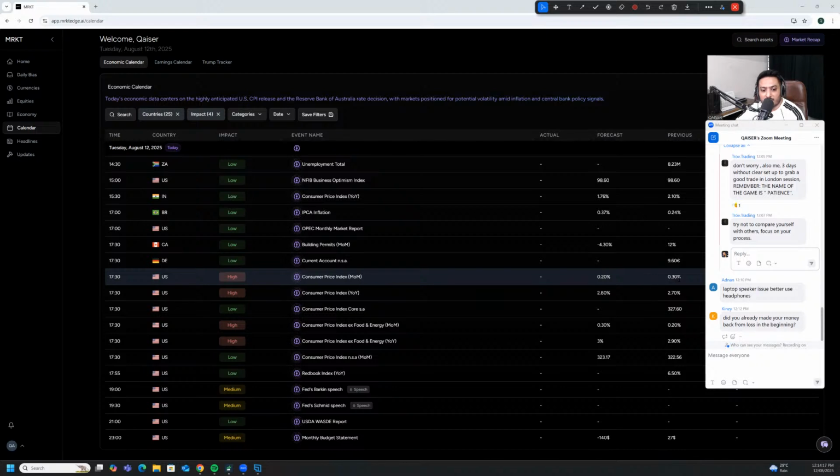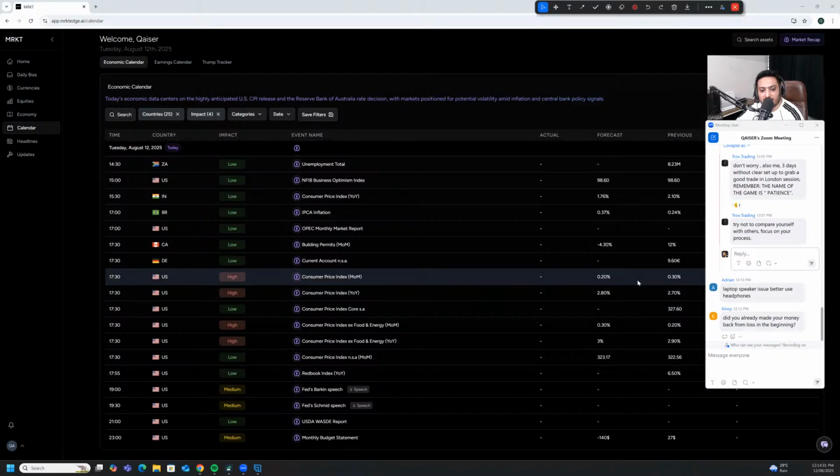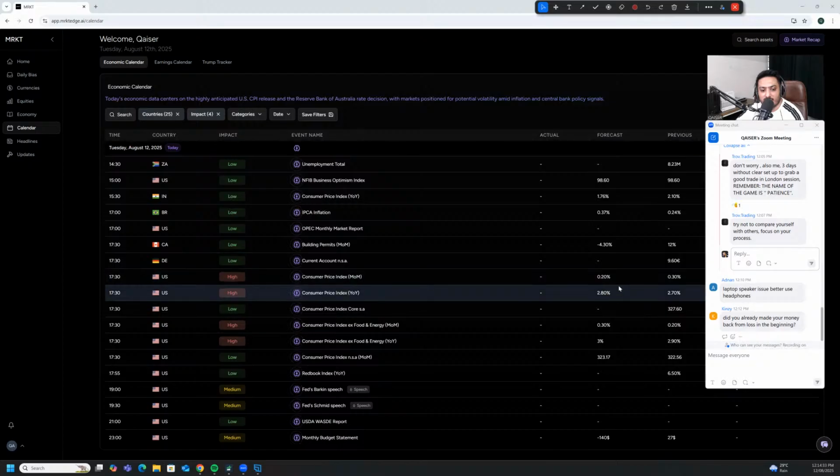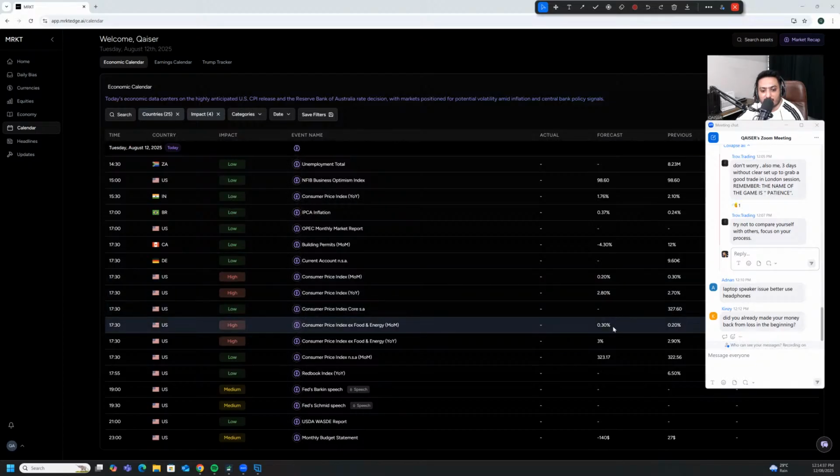The previous one just came out, monthly yearly 2.70. They're expecting a higher number. If they're expecting a higher number, the dollar will get stronger, so gold should be pushed down. And here they're expecting a lower number. It's showing mixed data.